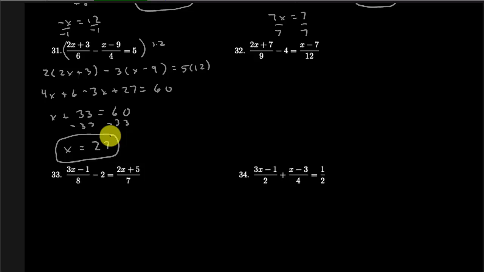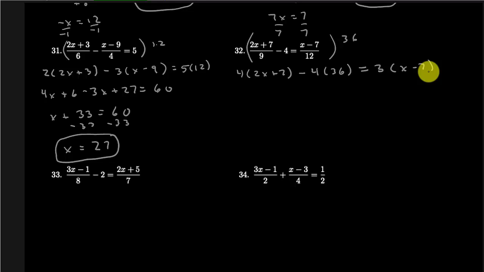Common denominator of 9 and 12. Well, that's going to be what? 36. All right, 9 goes into 36 4 times, so that's 4 times 2x plus 7 minus 4 times 36 equals 12 goes into 36 3 times, so that's going to be 3 times x minus 7.